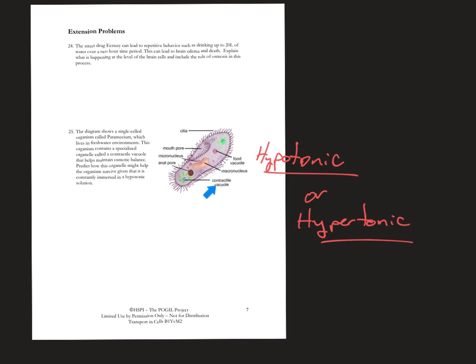The clue is in the word contractile. In other words, it can squeeze or expand. How can it use that contractile vacuole to help it keep the concentration of solute in here the same?